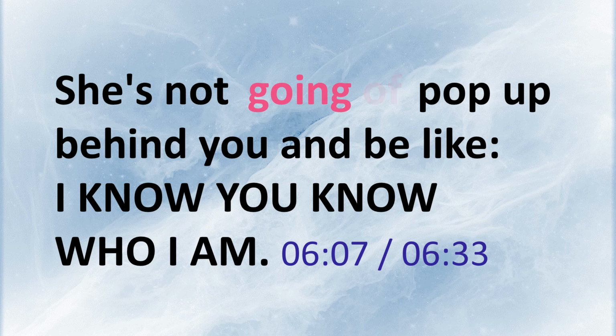But that's not right. "She's not going of pop up" doesn't make any sense. It's actually "going to". "To" becomes the "na" sound in gonna. "She's not gonna pop up behind you."